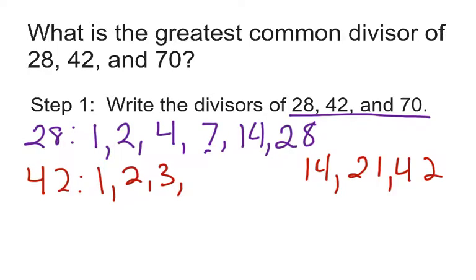If 2 and 3 are both factors, that means 6 is also a factor, and we know that 6 times 7 is 42. And that gives us all of the factors of 42.